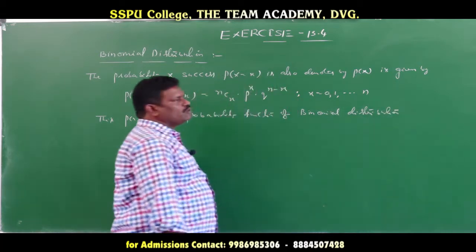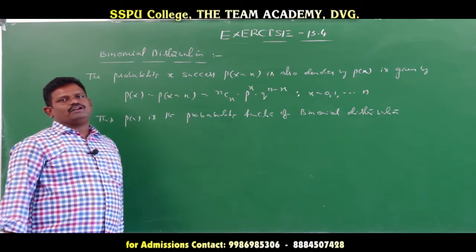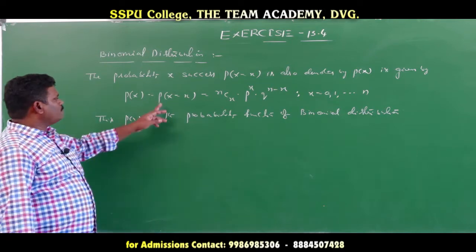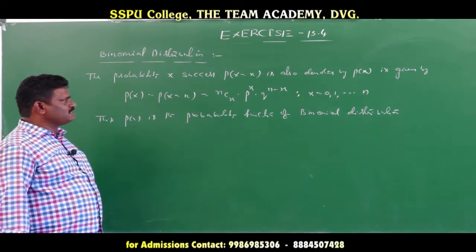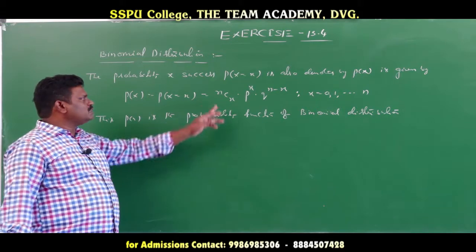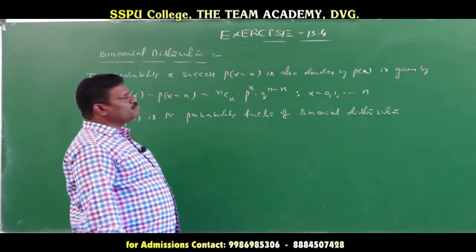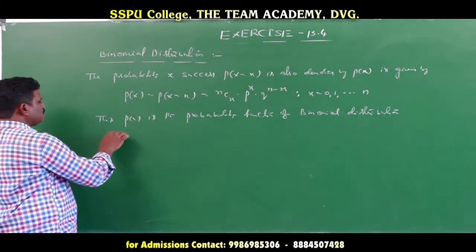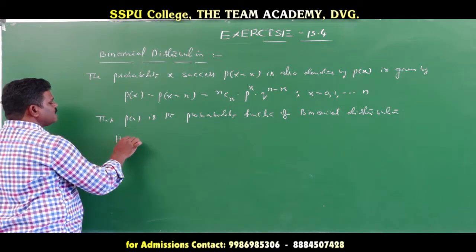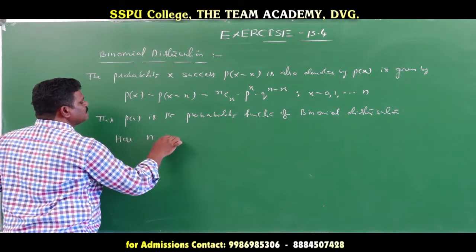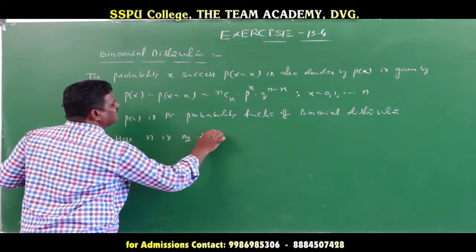Remember this very important formula for the binomial distribution: probability of X equal to small x, or sometimes small r, is nCx into p power x, q power n minus x. Here n is the number of trials.